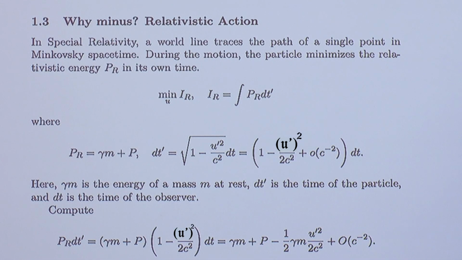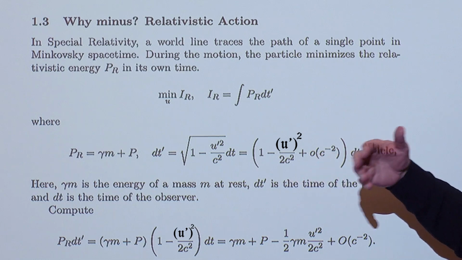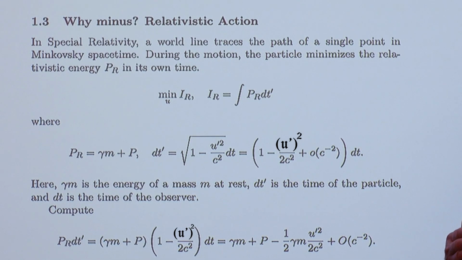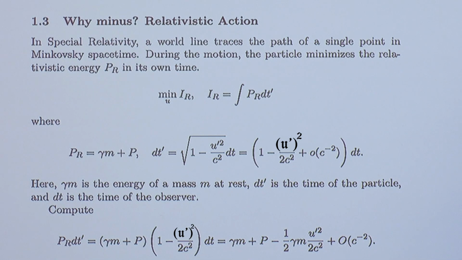This gamma m is the energy of the mass at rest, and it is some constant inherent to the mass, and it does not change when the mass moves. It just stays still. But the time on the particle and the time of an external observer are different in Minkowski spacetime.